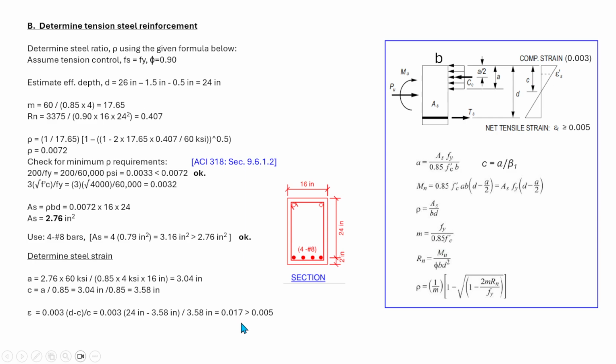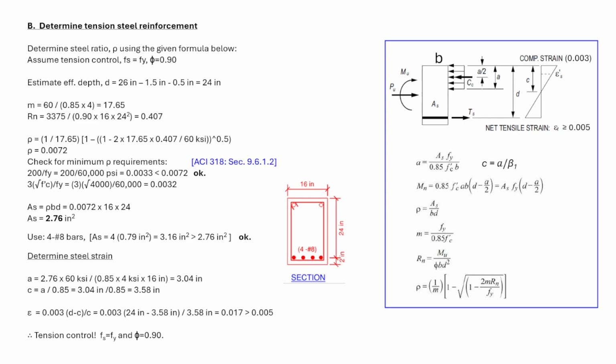So this concludes that the steel has yielded, which is greater than 0.005. Therefore, the section is tension controlled. So fs is equal to Fy and phi is indeed 0.9, that is the value of phi. So that concludes our solution for the design of the beam.